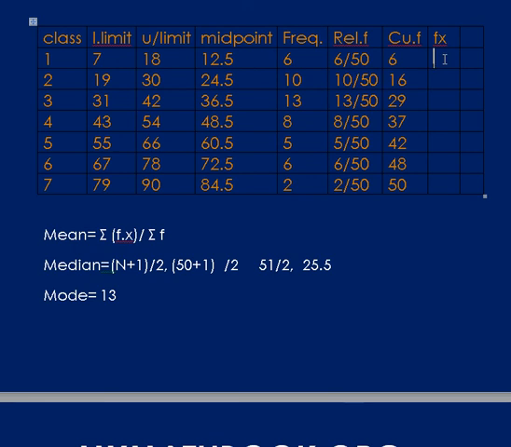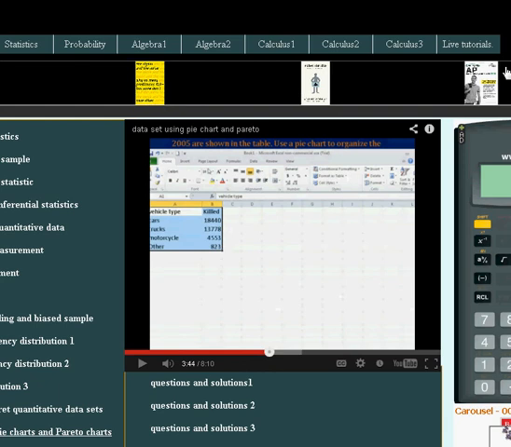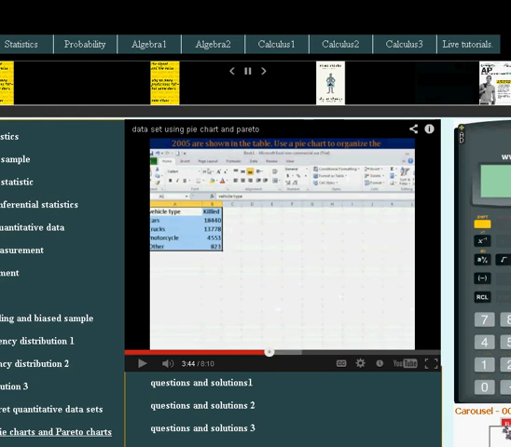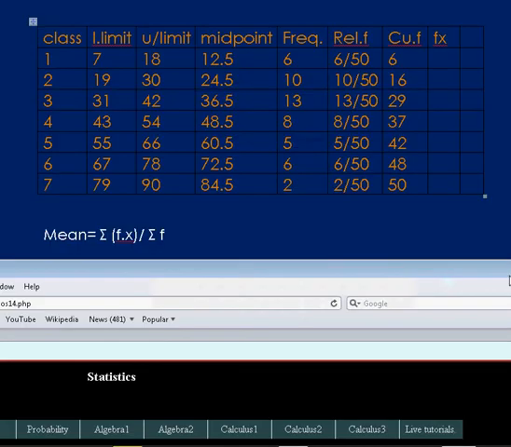So the very first time we go to my math book, and let me go ahead and minimize this. I have a calculator there I want to use.